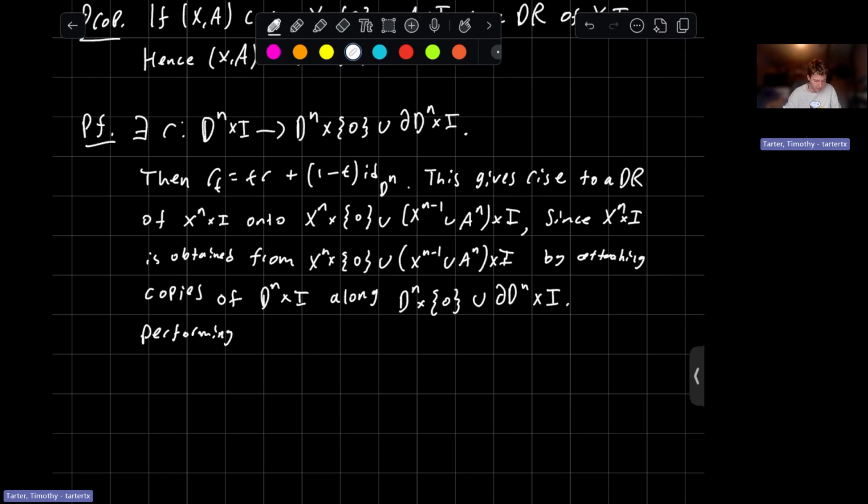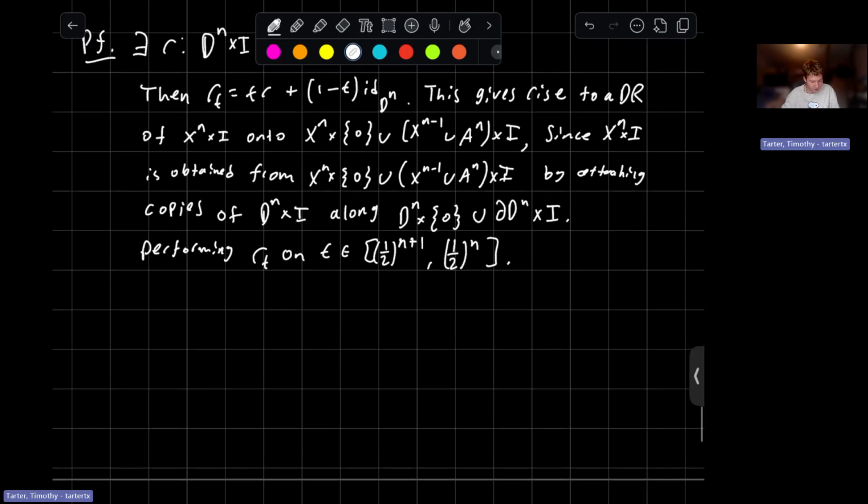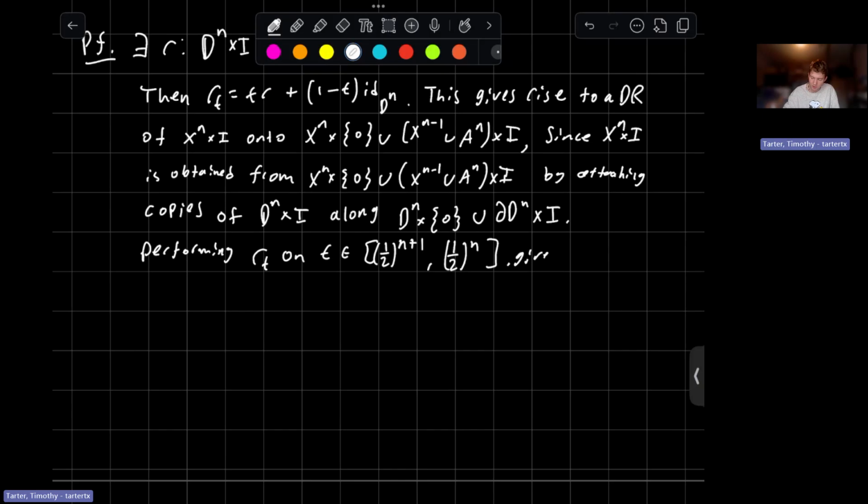So performing the deformation retraction r_t on t in [1/2^(n+1), 1/2^n], this infinite concatenation of homotopies is a deformation retraction of X onto the terrible thing. Okay, so how did they come up with that interval?